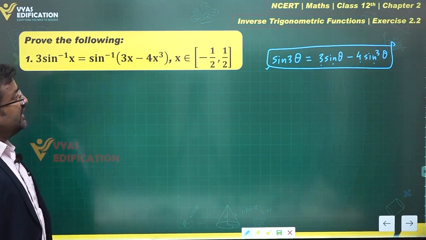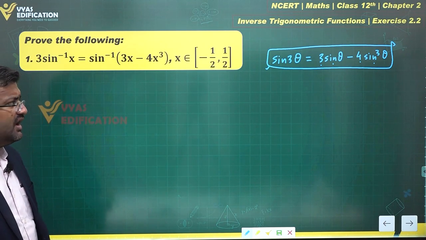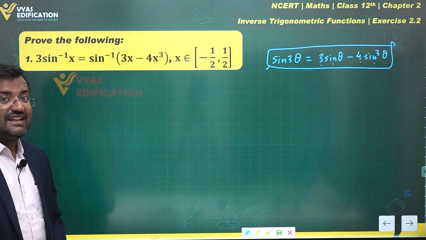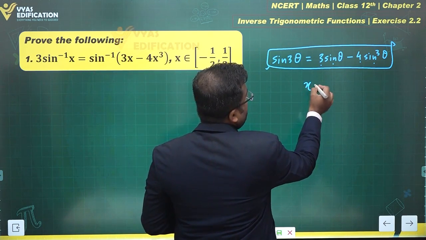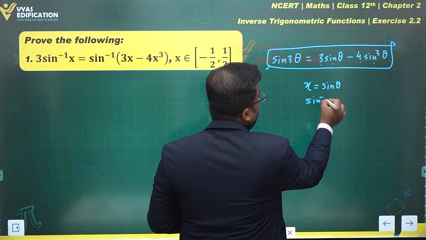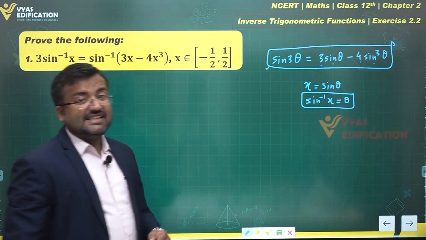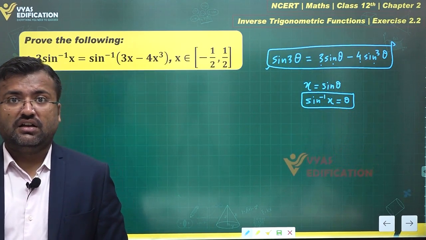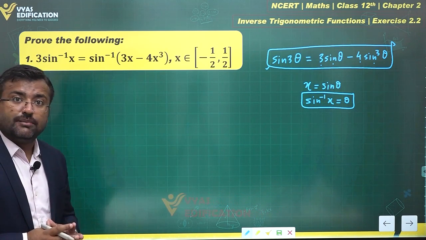Let's observe. x equals sine theta, or can you say that sine inverse x is equal to theta. And this is the substitution that we have to make on the basis of this analysis up till now.